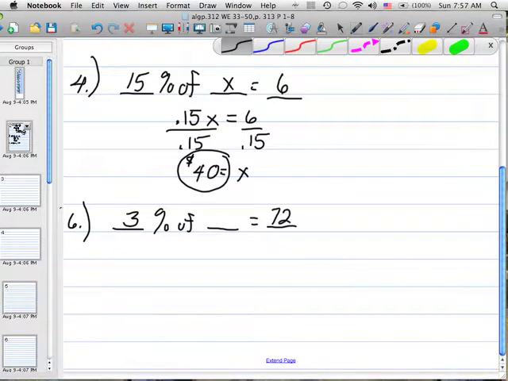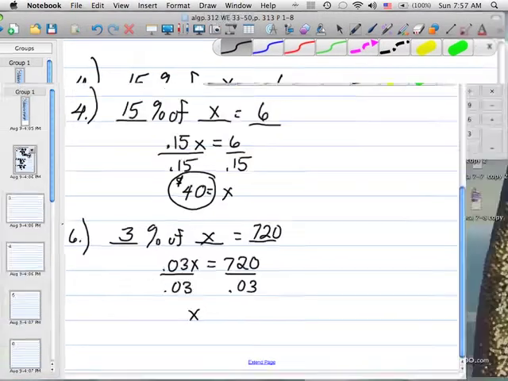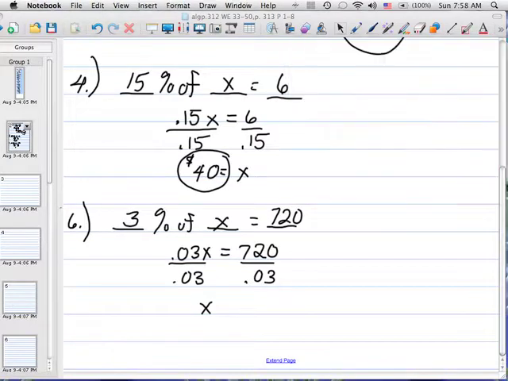The bonus goes here, and we're looking for her whole salary. 3%, move the decimal over 2, it's 0.03x equals 720. Divide by 0.03 to find her total salary. And when we do that, 720 divided by 0.03, her salary was $24,000.